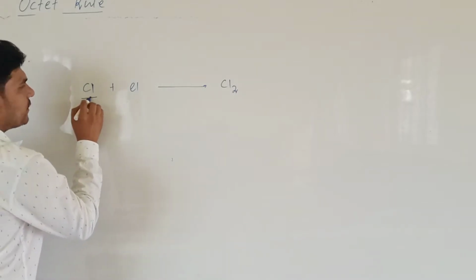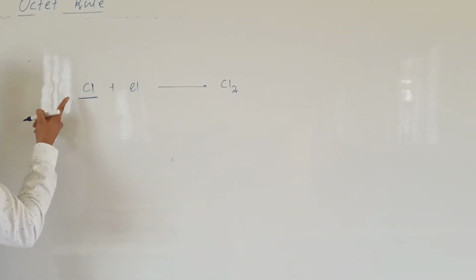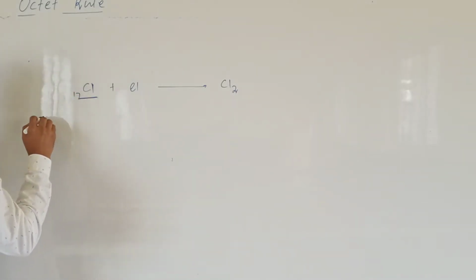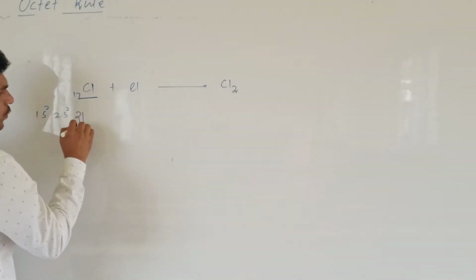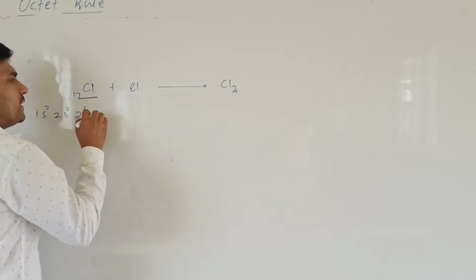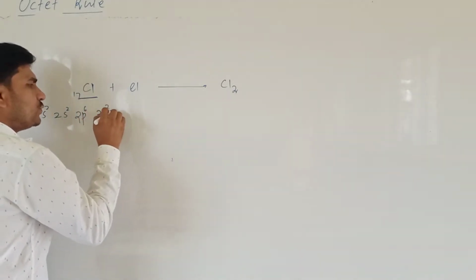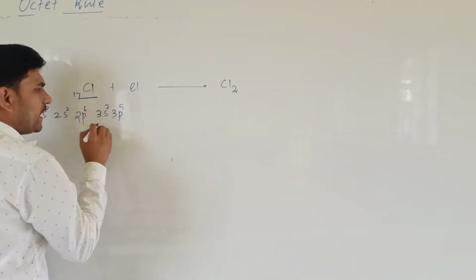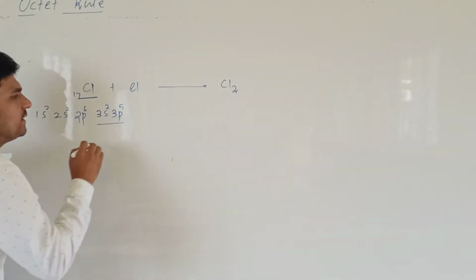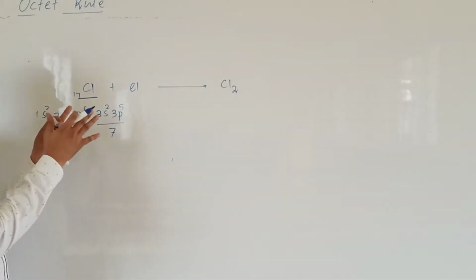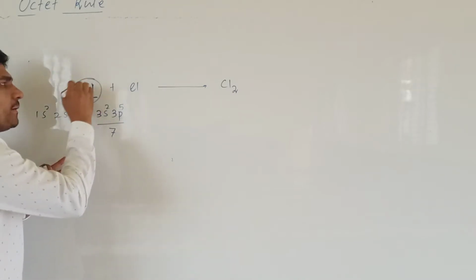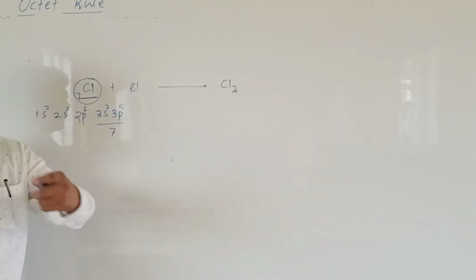If you observe the electronic configuration of chlorine, atomic number is 17. That is 1s2, 2s2, 2p6. Outermost is 3s2, 3p5. How many electrons are there in the outermost shell? 7 electrons are there.